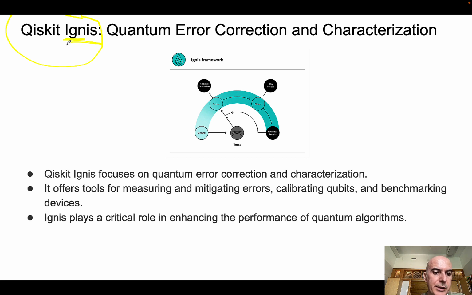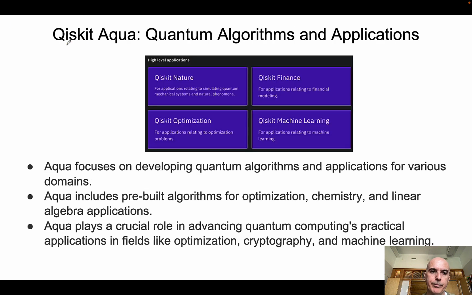The Qiskit Ignis component focuses on quantum error correction and characterization of the quantum machine system. It offers tools for measuring and mitigating errors, calibrating qubits, and benchmarking quantum devices. Ignis plays a critical role in enhancing the performance of quantum algorithms, especially when equipped with quantum error correction algorithms.